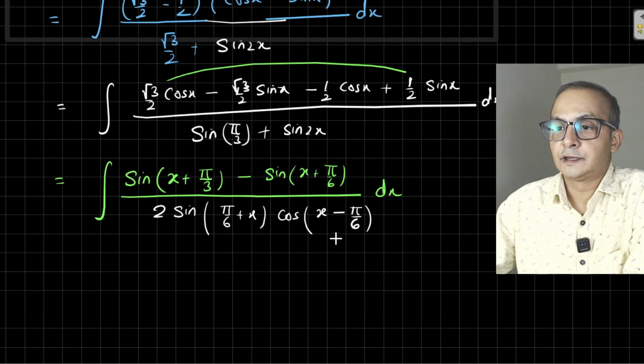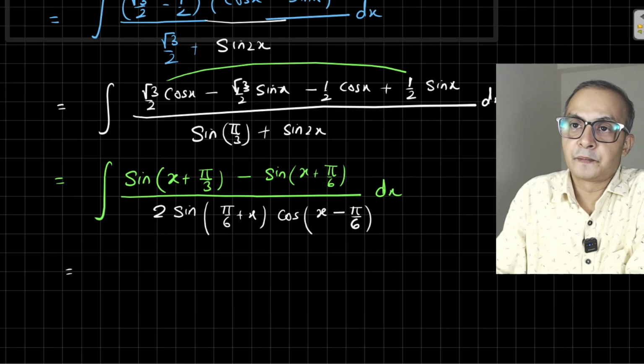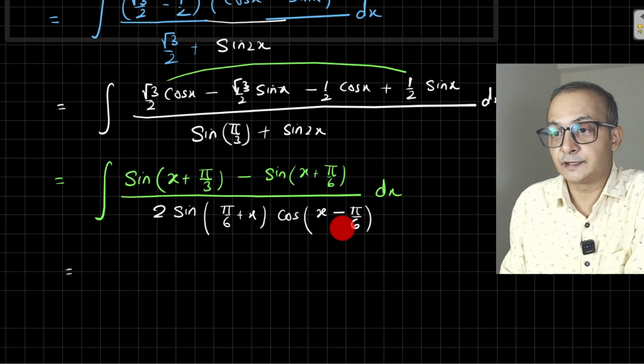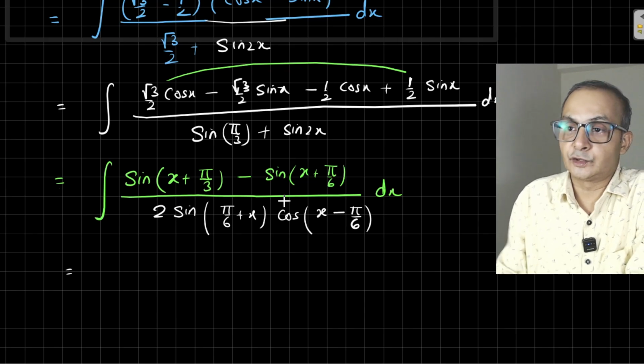All right. Now, what is the idea? You can see that here I have this value in terms of sine. So if you separate it, this will get cancelled with this one. But the problem is there's a cos, and I want to cancel here. So I can again convert this cos into sine.